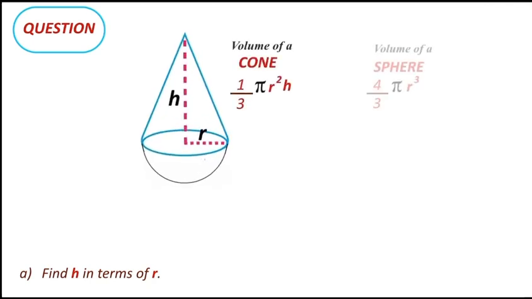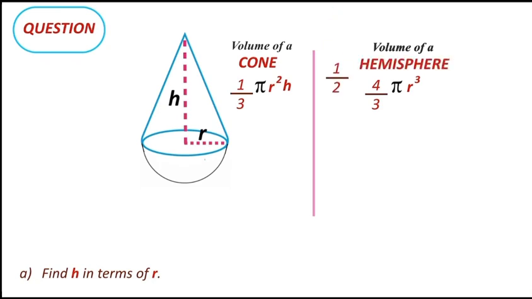Volume of a cone and volume of a sphere is already given in the question, but we want volume of a hemisphere, and it is half multiplied by volume of a sphere, which is equal to 2 by 3 pi r cube.